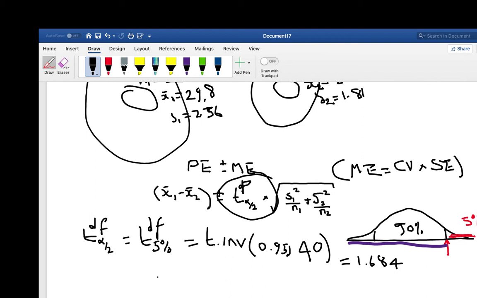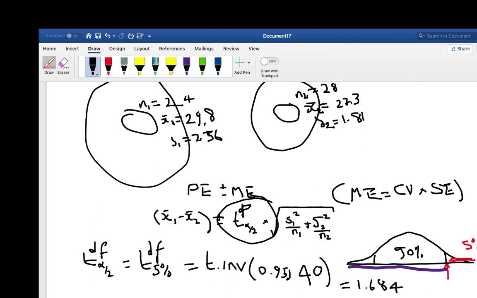So it's going to be x1 bar, and we already know that x1 bar is 29.8, minus x2 bar, which is 27.3, plus for the upper limit and minus for the lower limit, and the critical value we just worked out is 1.684.